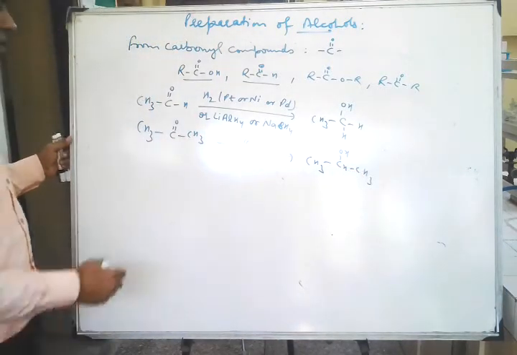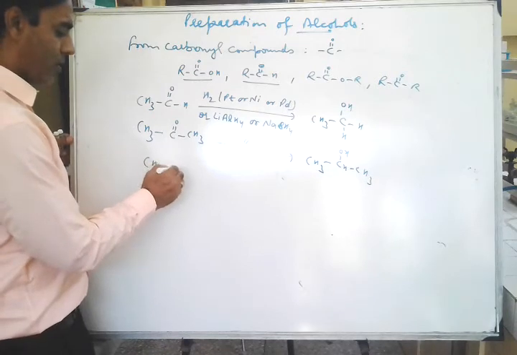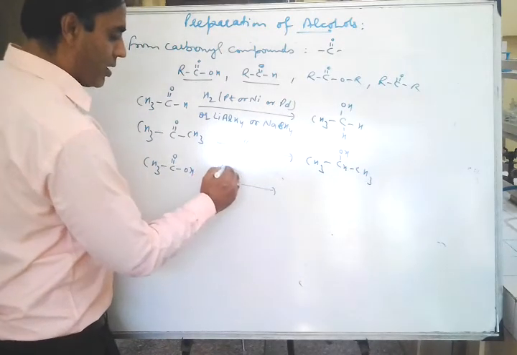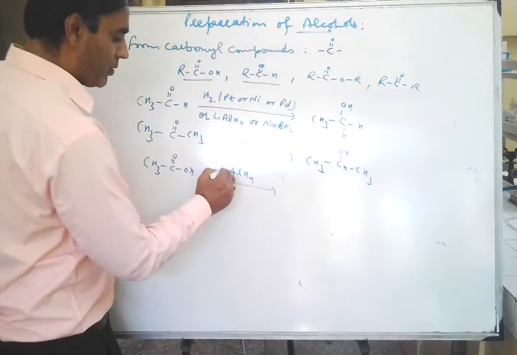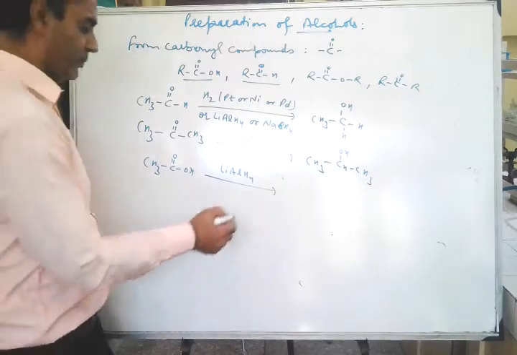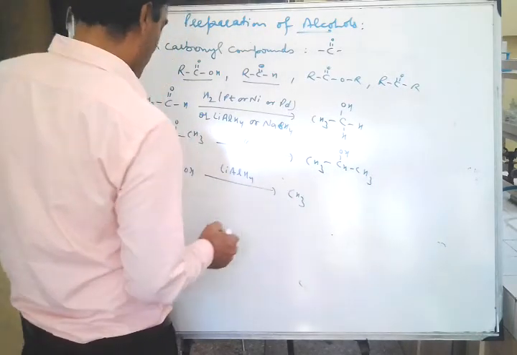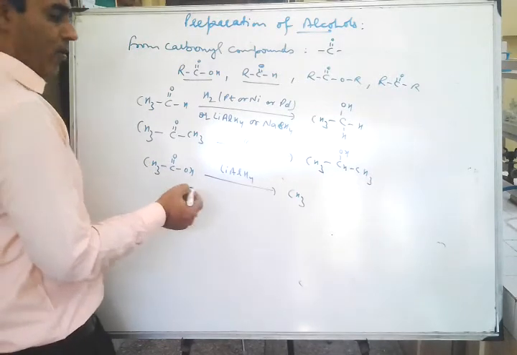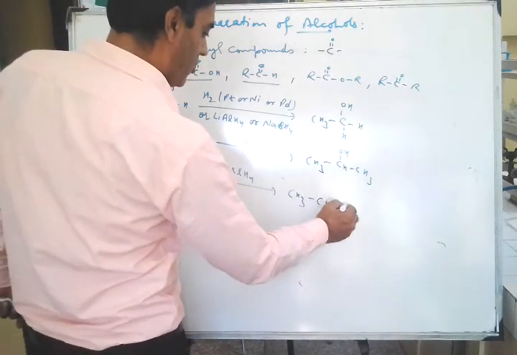Right? Now carboxylic acid. Now carboxylic acid requires a strong reducing agent, that is lithium aluminum hydride. It is a very strong reducing agent, but it is expensive. CH3. So what will happen here? It will form alcohol CH3CH2OH.